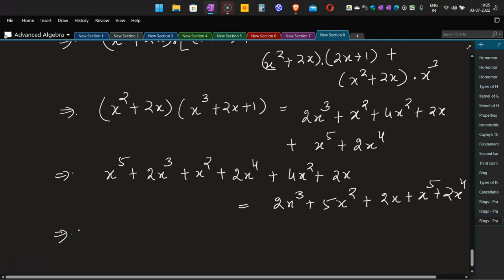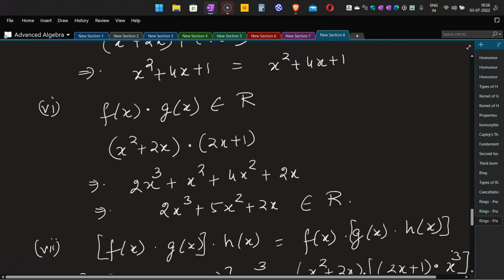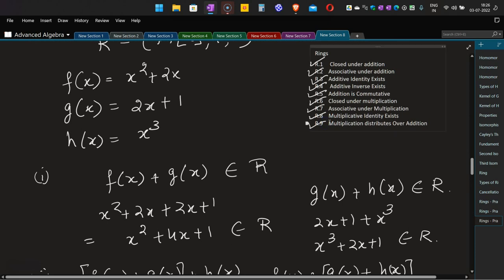Let's arrange it and simplify it. So x to the power of 5 plus 2x to the power of 4 plus 2x cube plus 5x square plus 2x is equal to x to the power of 5 plus 2x4 plus 2x cube plus 5x square plus 2x, and they both are equal. So it is satisfying this condition as well.